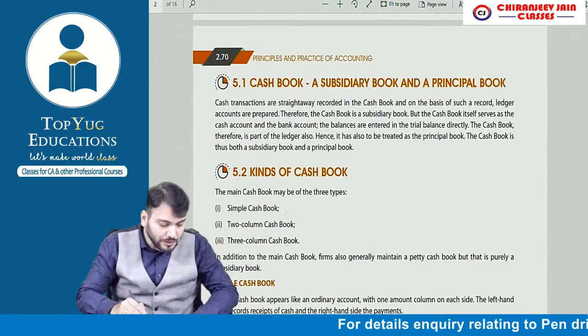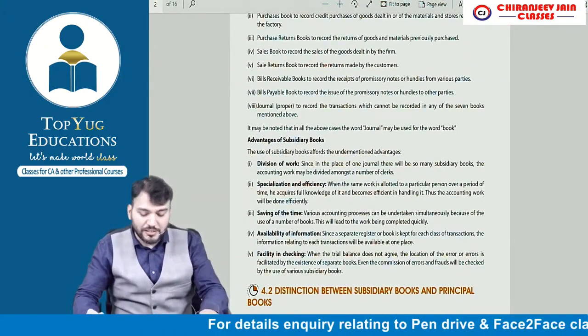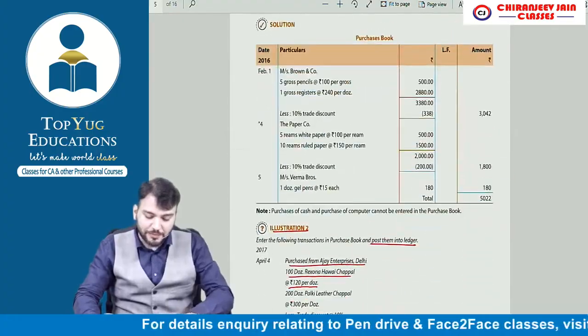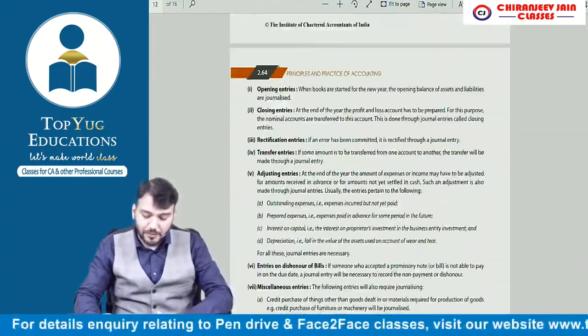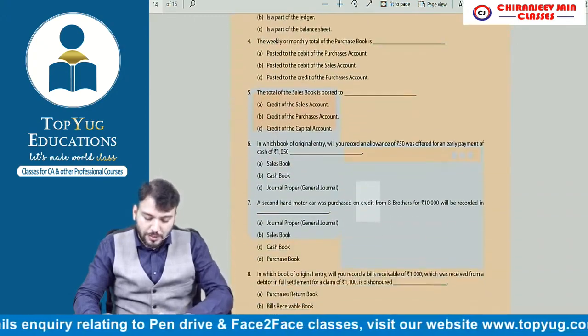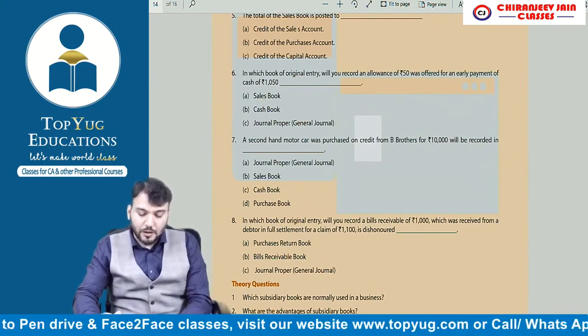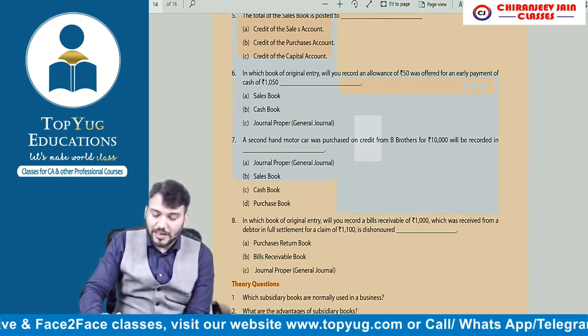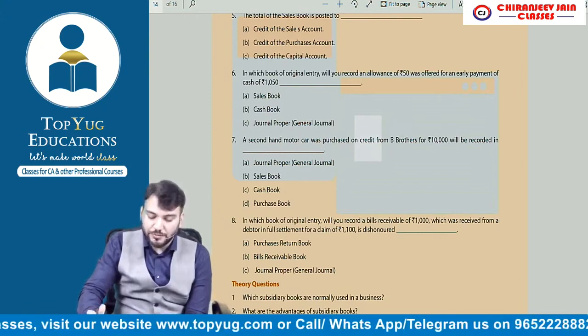Correct. Then a doubt came on MCQ numbers 7 and 8. So let us discuss MCQ number 7 and 8. MCQ number 7: a second hand motor car was purchased on credit from B Brothers for rupees 10,000.